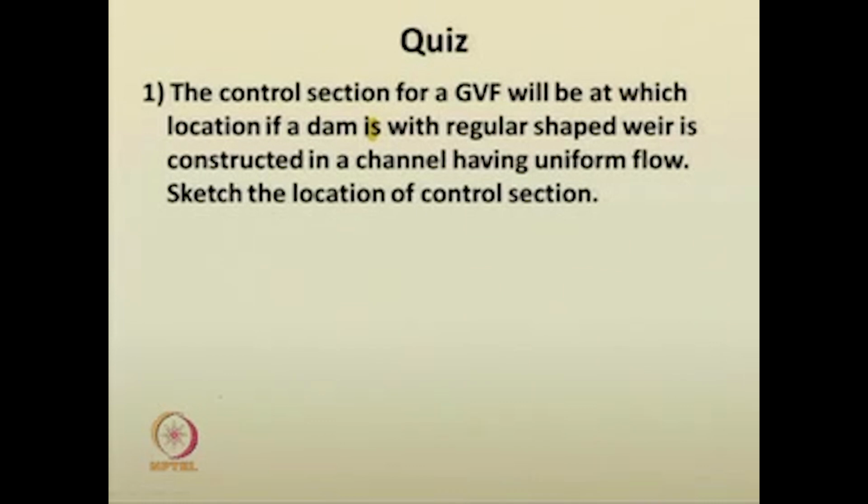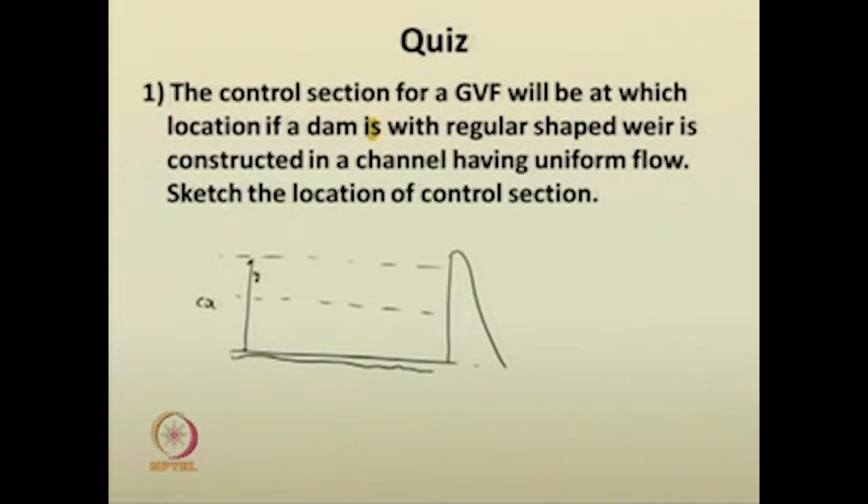So, the solution for today's quiz. For the first question, you are asked the control section for a gradually varied flow if a dam is constructed. Let us assume that the normal depth is greater than the critical depth.